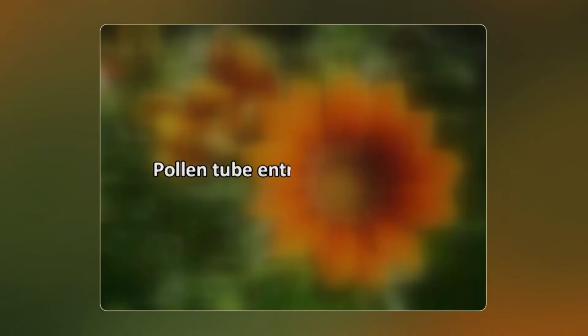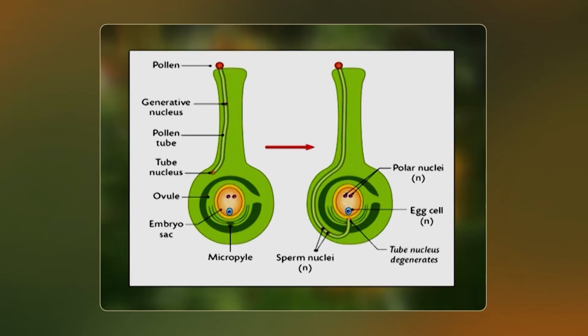Now, we come to the stage where the pollen tube has reached the ovule, and now we will see how the pollen tube will enter into the ovule. The pollen tubes, after growing through the style, reach the ovary and find their way into the ovules.